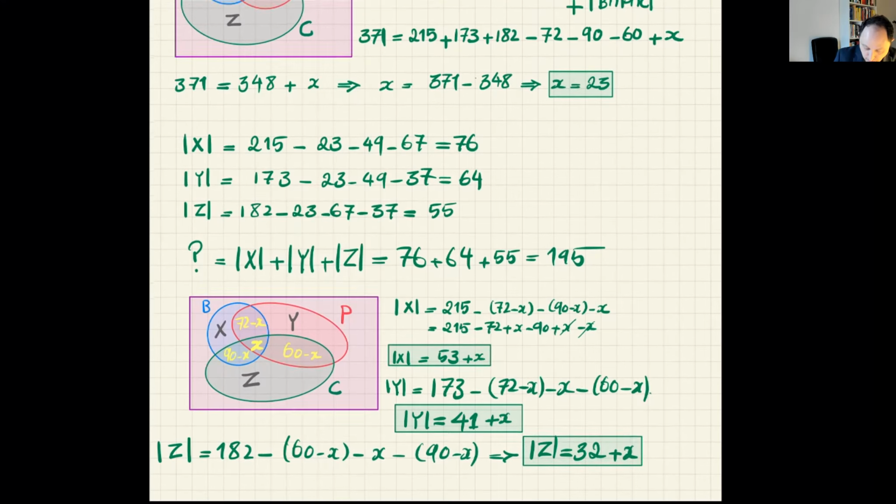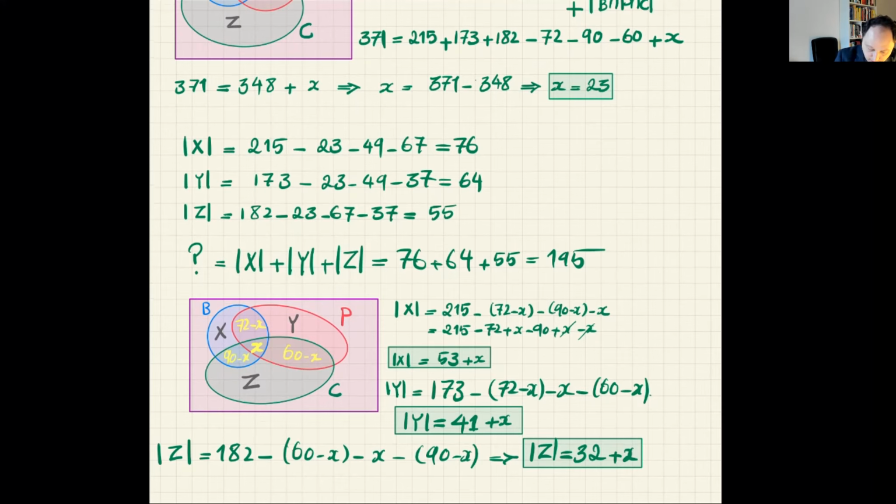Yes? And now what you know is that if I add all these parts, it is supposed to be 371. And the good point is that in all of them I have one unknown, and that is X, so I can find my X. Let me write.